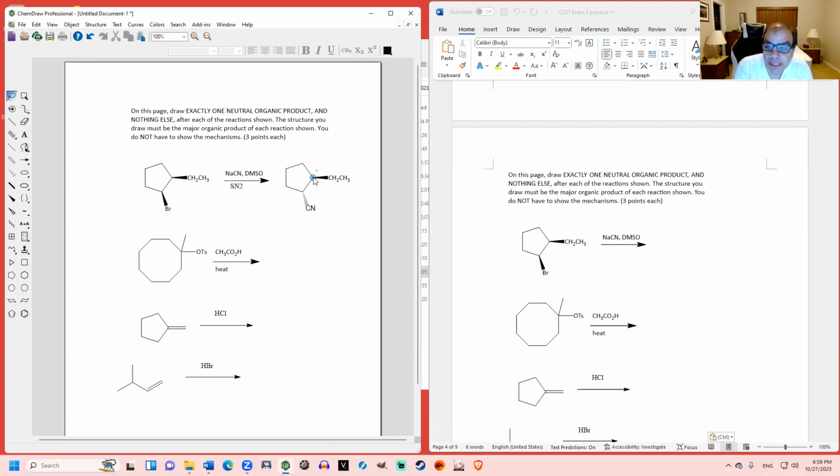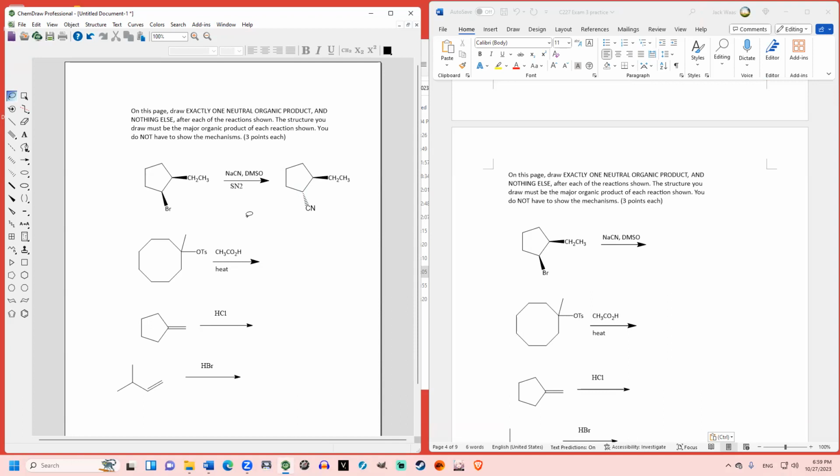This carbon's not affected because there's no reaction at that carbon. But at the carbon where the reaction happens, you get 100% inversion of configuration. So that's the correct answer.